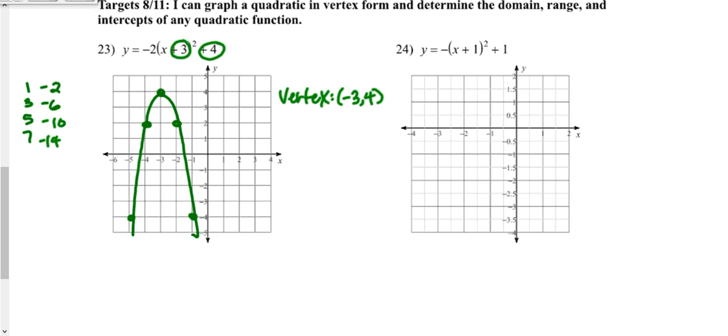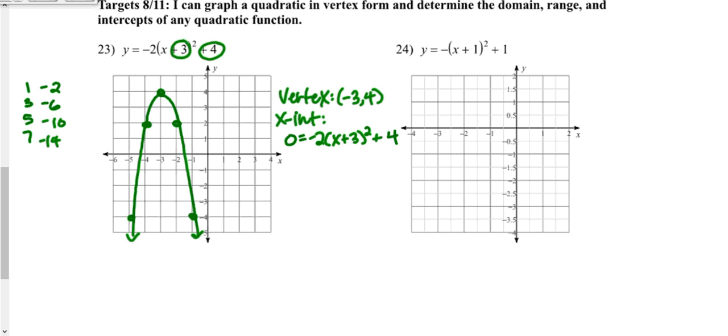And then there's some other information we need to be able to find. So we're going to find the intercepts. So starting with the x-intercepts. In order to do this, and we can't see them on our graph, we know it's going to be some decimal. So I'm going to set y equal to 0. And now I'm going to solve for x.